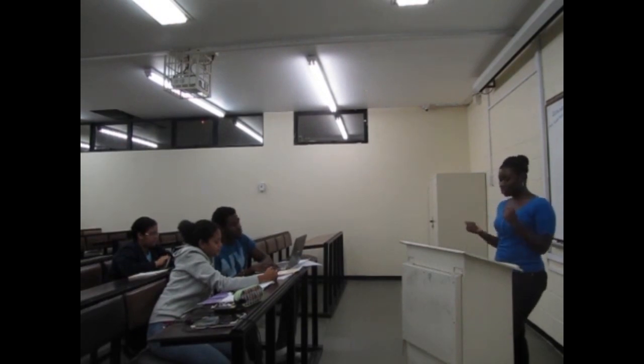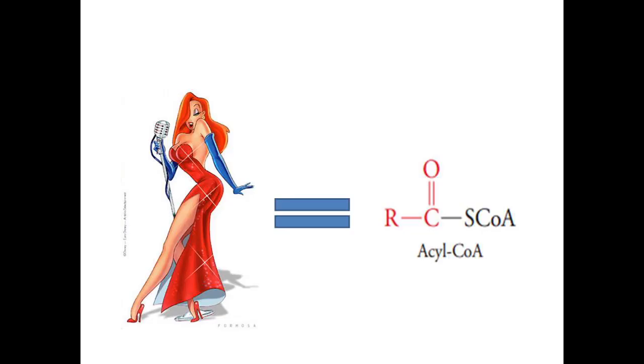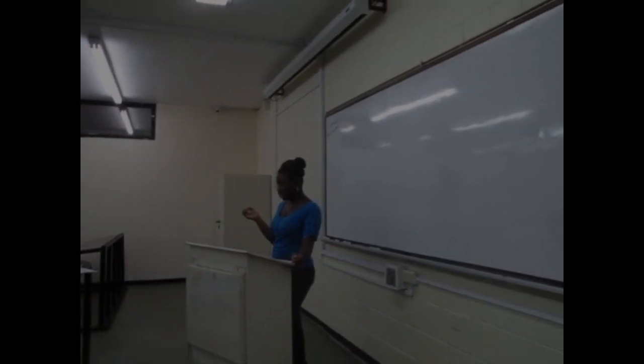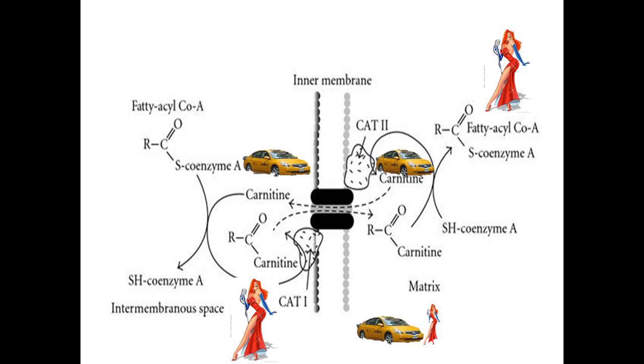Now the next step is the transport of the CoA derivative into the mitochondrial matrix, but the inner membrane is impermeable to CoA. So the carrier carnitine molecule is used and transports the long chain fatty acid CoA into the mitochondrial matrix. Acylcarnitine is made by the action of the enzyme CAT1, located on the outer side of the inner membrane.